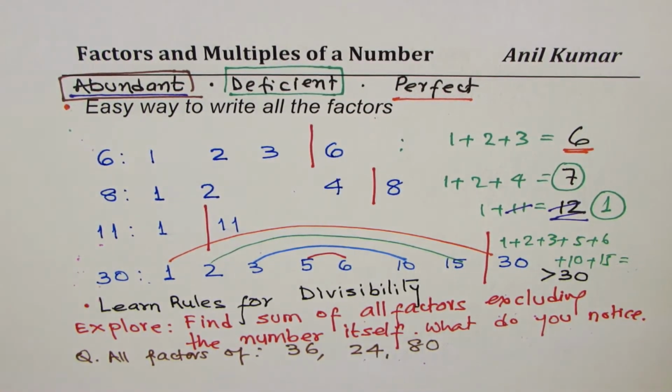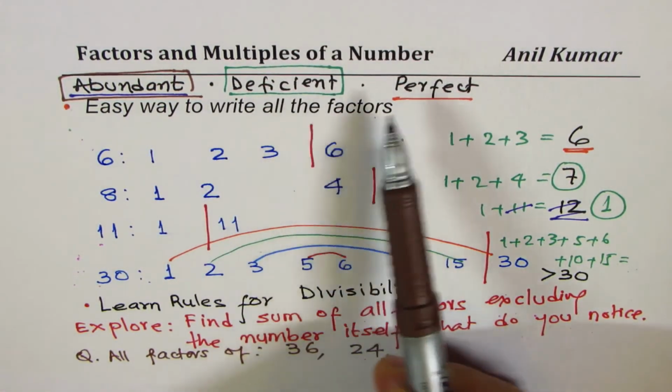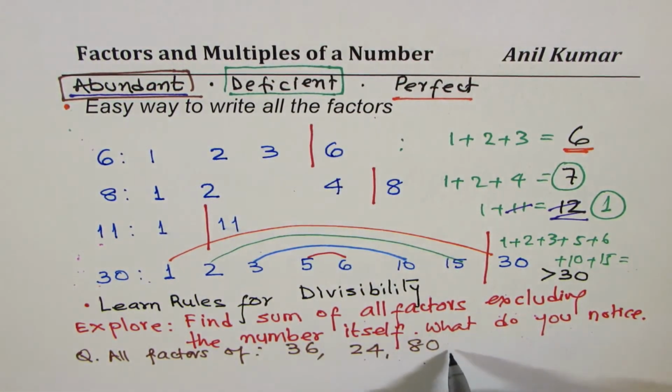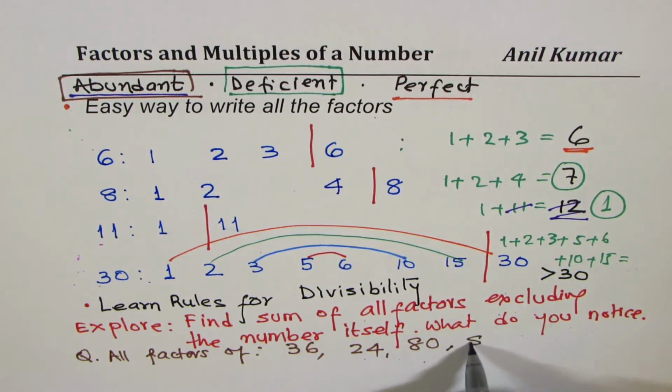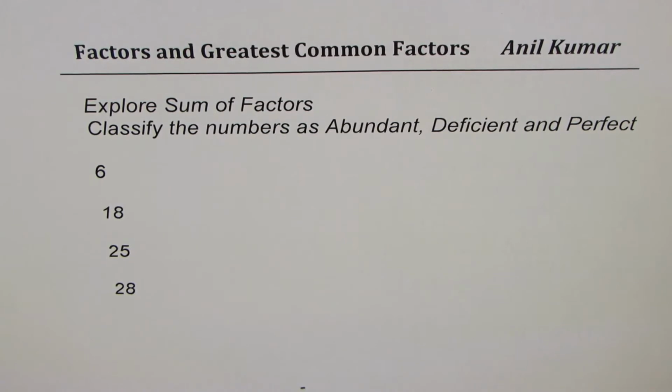So try these three numbers, find all factors of these three numbers, and also classify them as abundant, deficient, or perfect. Let me add a prime number here, right? So 89. Now with the concepts learned, I would like you to explore some of the factors and classify the numbers as abundant, deficient, and perfect, right? So that is the exercise for you.